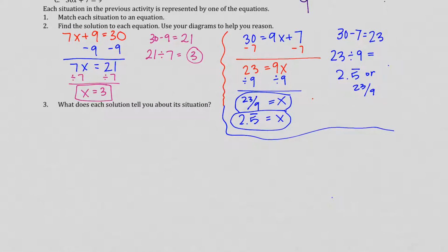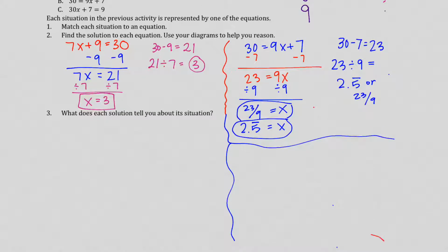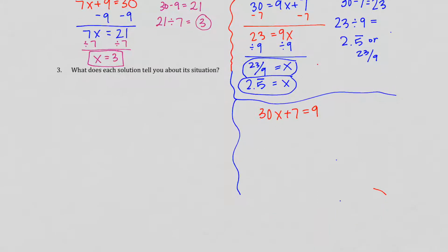Okay, and then our last one, we'll just do it right here. That is 30x plus 7 equals 9. So first we'd want to subtract 7 from both sides. So 30x equals 2. Then we'd want to divide both sides by 30. So then x equals 1/15.